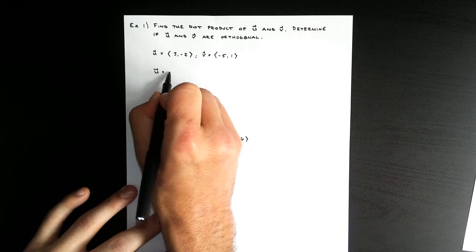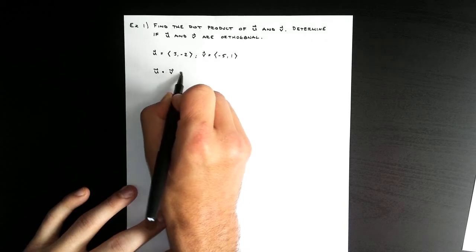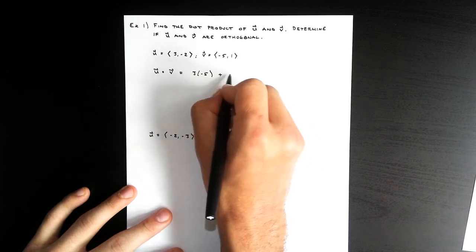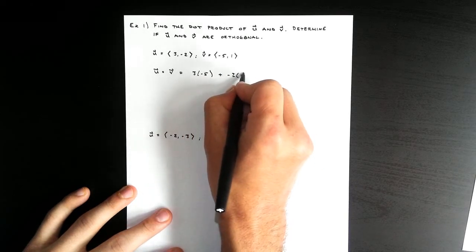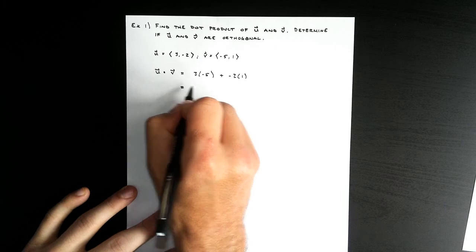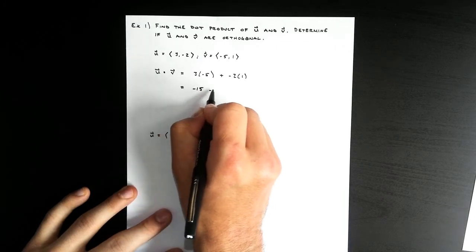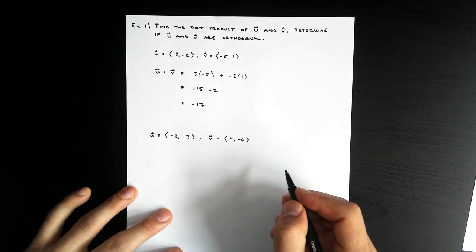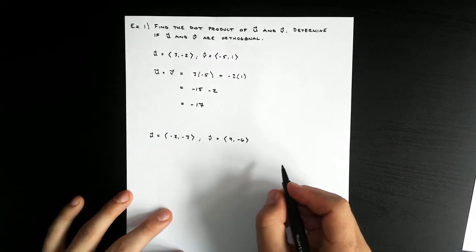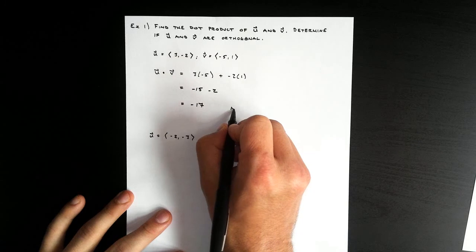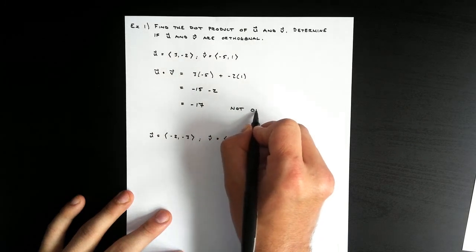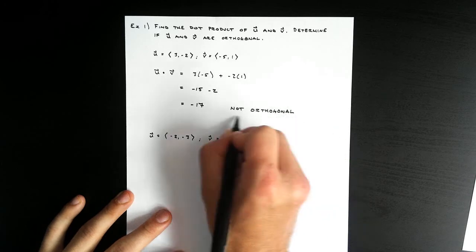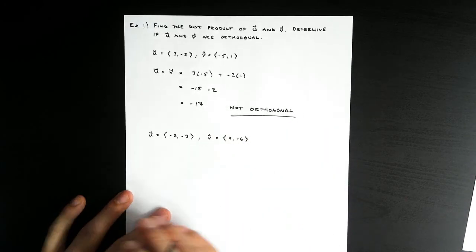So the dot product is going to be equal to 3 times negative 5 plus negative 2 times 1. So we end up with negative 15 minus 2, so we get negative 17. Negative 17 is not 0, so that means this is not orthogonal, meaning they do not form a right angle.